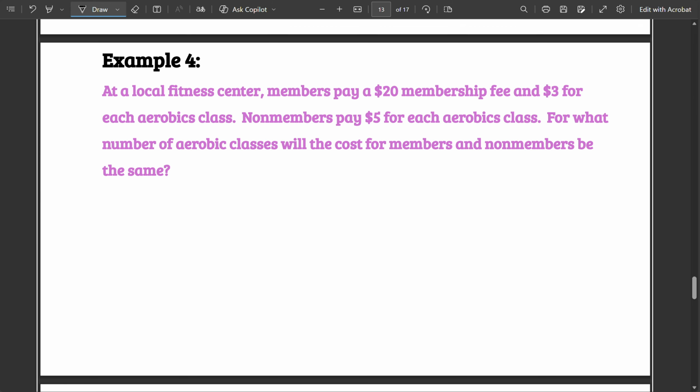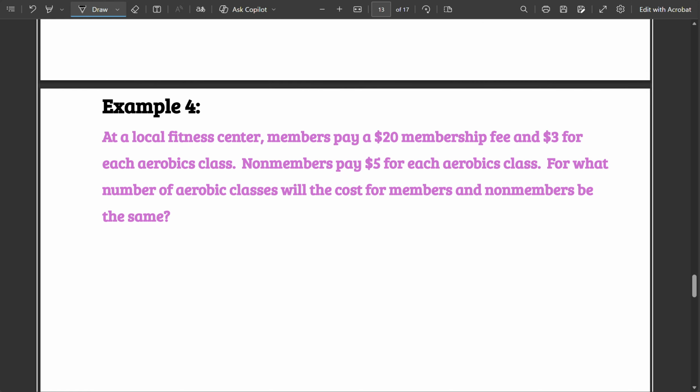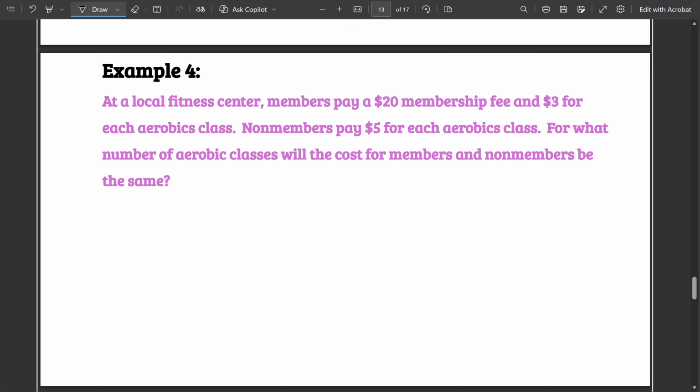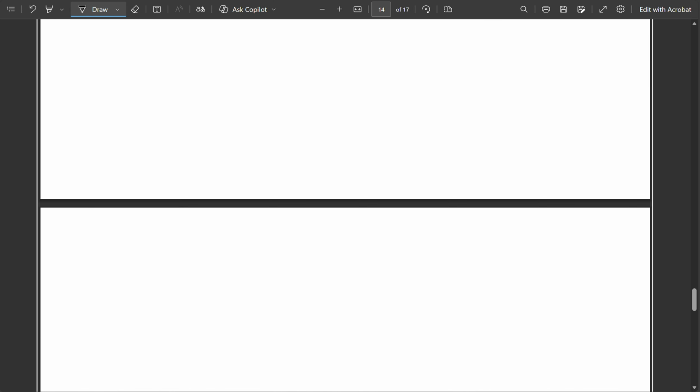All right, so now I invite you to look at this one and see if you can figure out how example 4 works. Actually, shoot, example 4 is a little bit more like our break-even point questions. So let's do this one together.